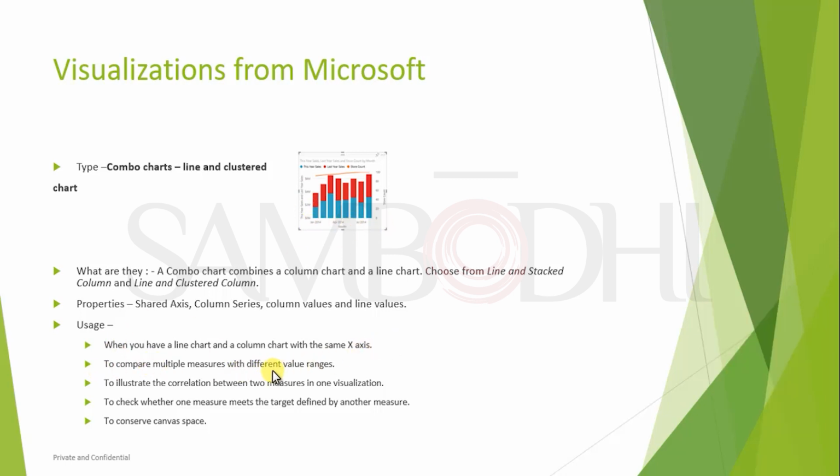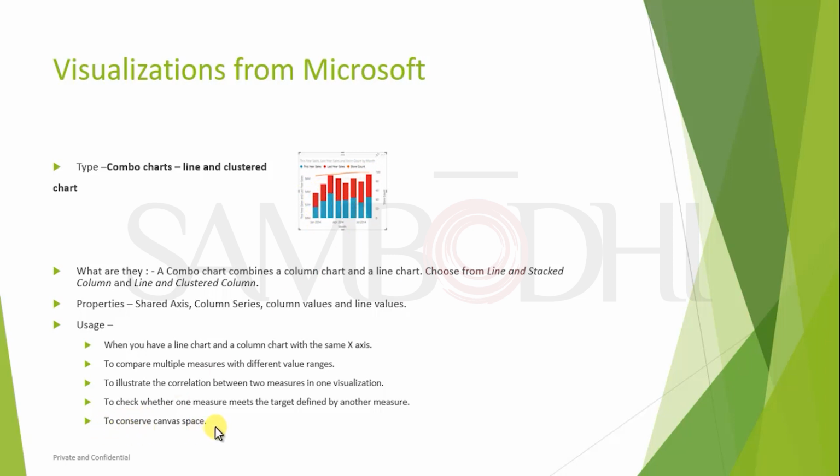It is used to compare multiple measures with different value ranges. It illustrates the correlation between two measures in one visualization. When we say measures, it means two formulas. It also checks whether one measure meets the target defined by the other measure. Like I said, this can be a target, and these can be the values.